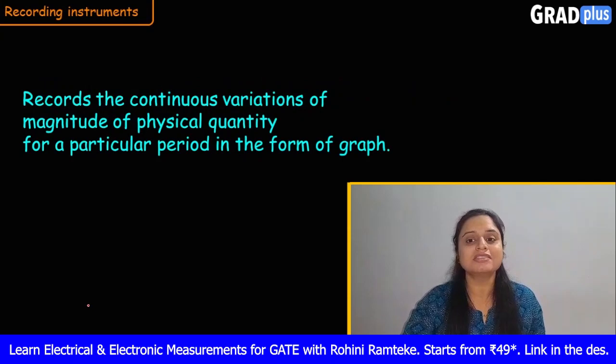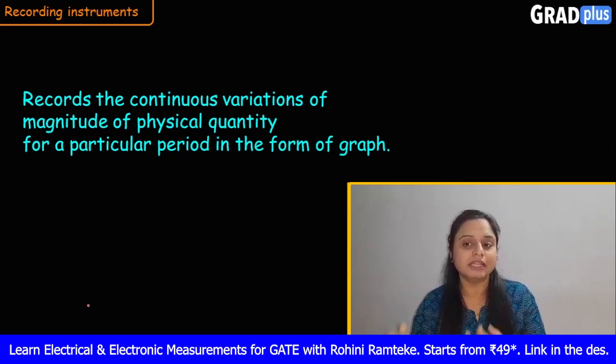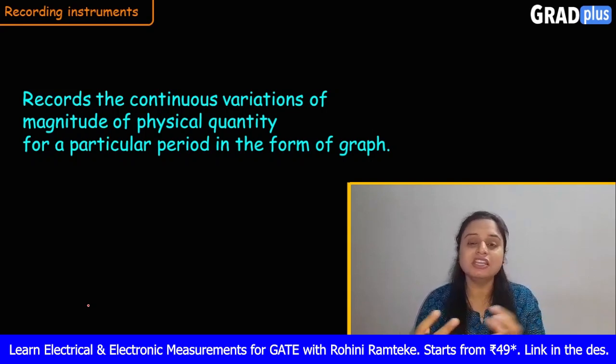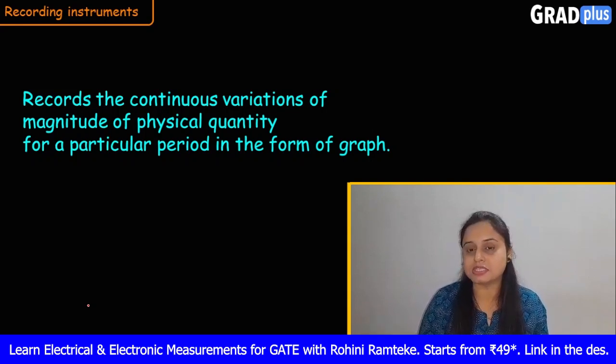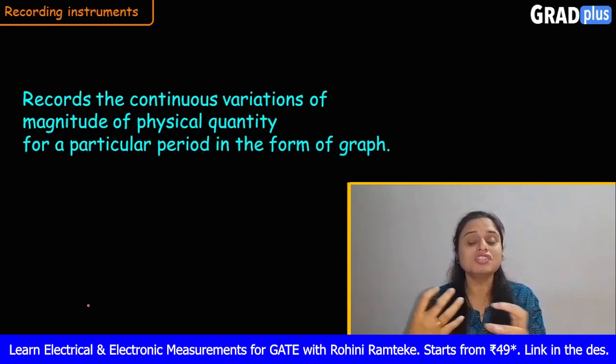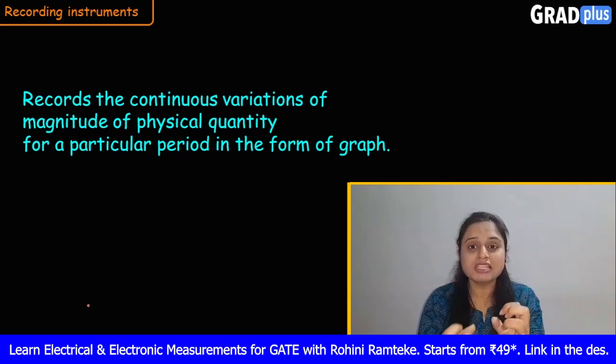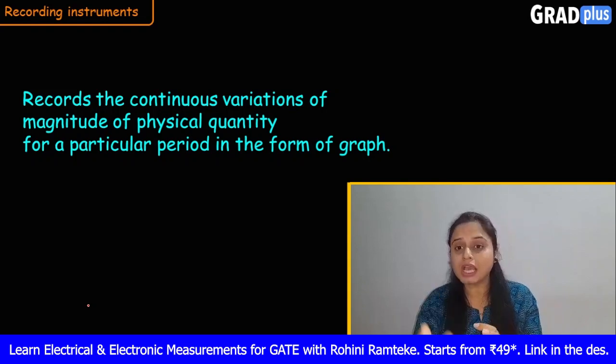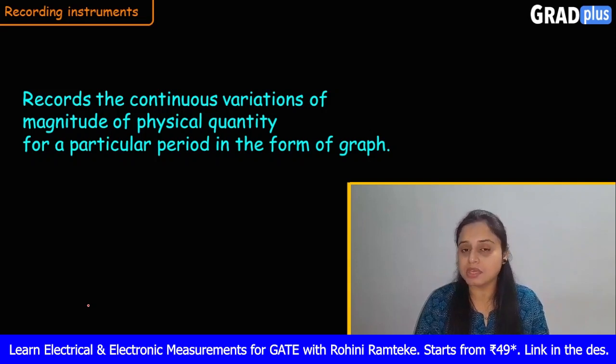Next, the recording type instruments. Recording means it will record the complete data. To measure any physical quantity, we know that continuous changes will take place. Those continuous changes are recorded by some instruments, and those instruments come under the recording type instrument.